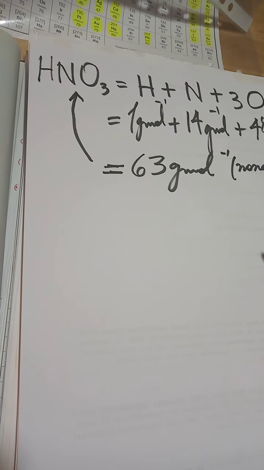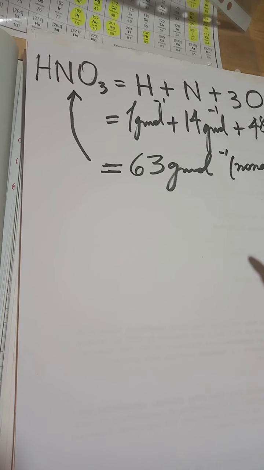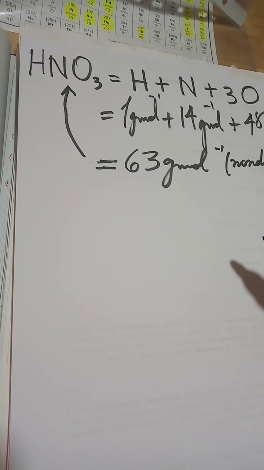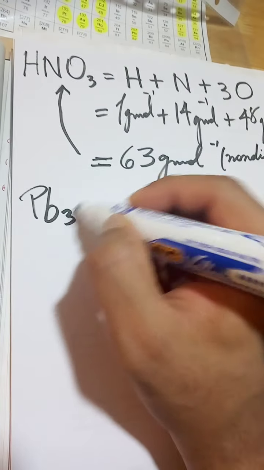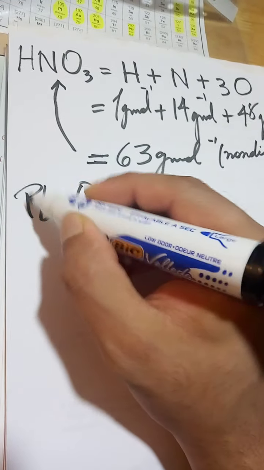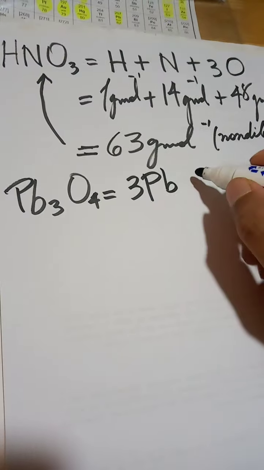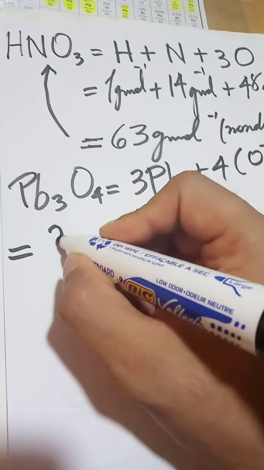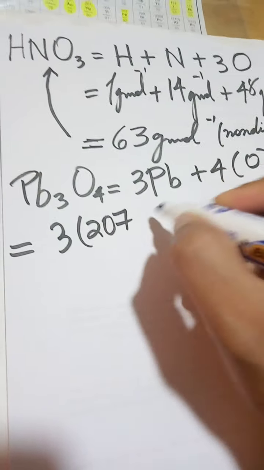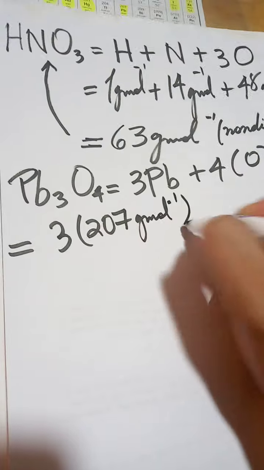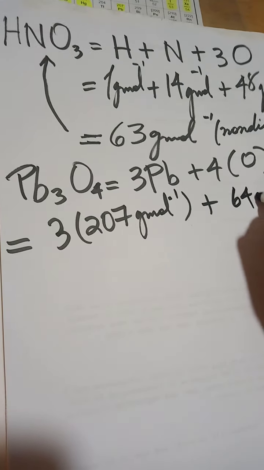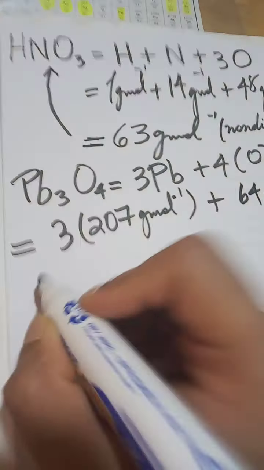Then we've got lead tetraoxide. I think, yeah, lead tetraoxide. That'll be tri-lead tetraoxide. So that's 3 atoms of lead and 4 atoms of oxygen. That's 3 times 207 grams per mole, just to show you working, and then 64 grams per mole.